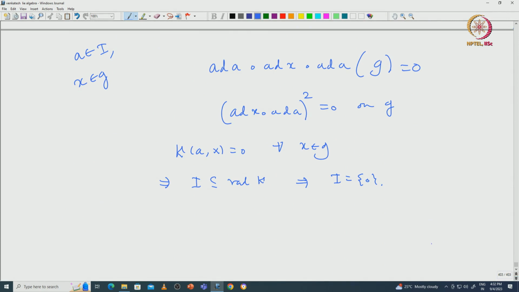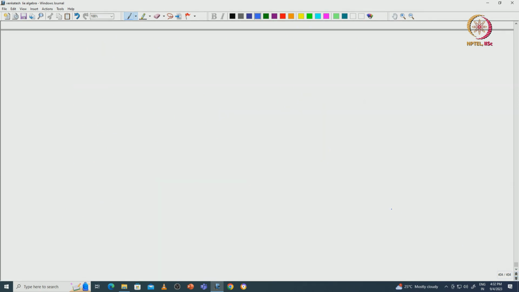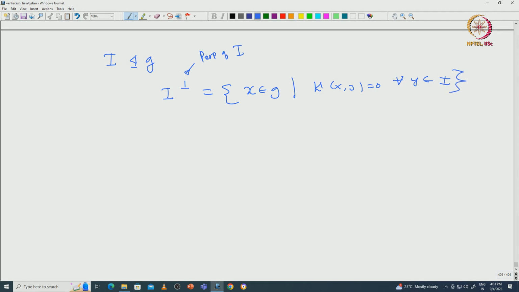So, let us see what are all the consequences of this K being non-degenerate. Given an ideal I inside G, one can talk about what is called I perp, the perpendicular of I. By definition, this is those x in G such that kappa of x comma y is 0 for all y in I. So, those elements that are orthogonal to all elements of I are called I perp.